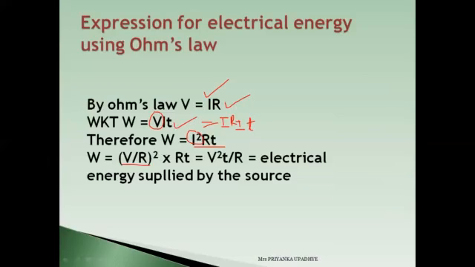The SI unit of electrical energy is joule, because it is a form of energy, and usually energy is written in terms of joule. Symbol is J. Here I am writing that one.